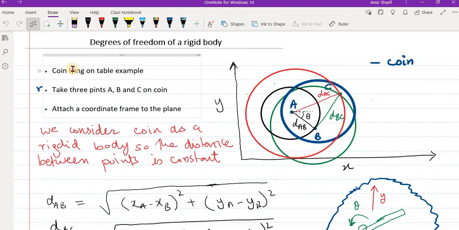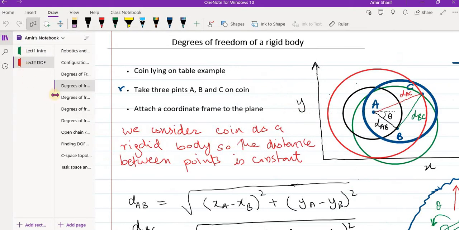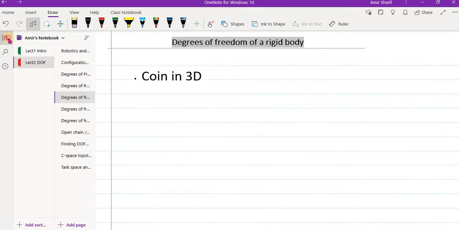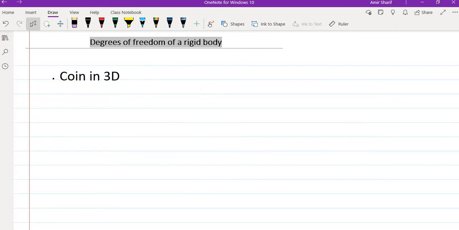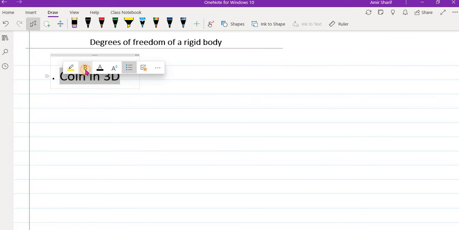Okay, so this is clear now, and now let's see how we can apply this method that we have already developed to find the degrees of freedom of a coin in 3D.